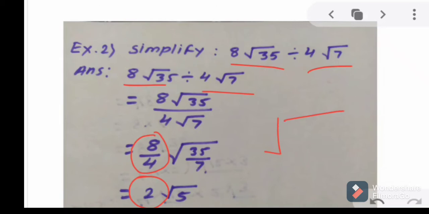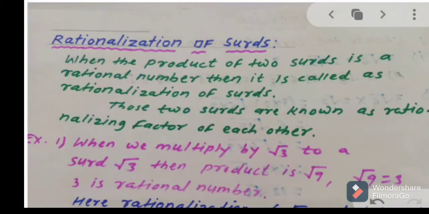Okay friends, now for the next, that is simplify 8 under root 35 divided by 4 under root 7. So 8 under root 35 upon 4 under root 7. 8 upon 4 becomes 2.